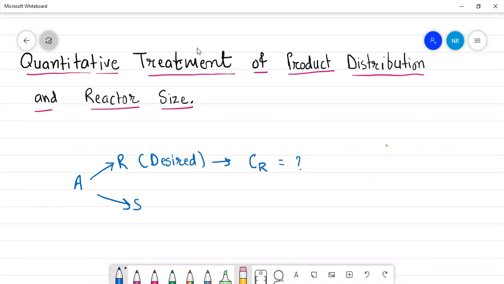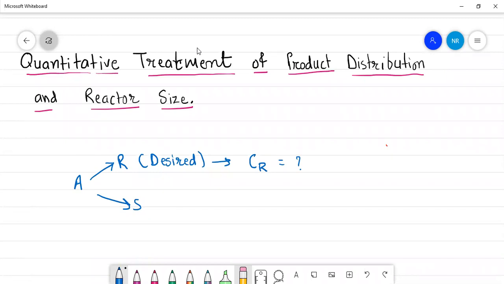How do we find out the concentration of the desired product, and which reactor do I have to select so that I get the highest concentration of the desired product? For example, if I use a mixed flow reactor, how much desired product am I getting?